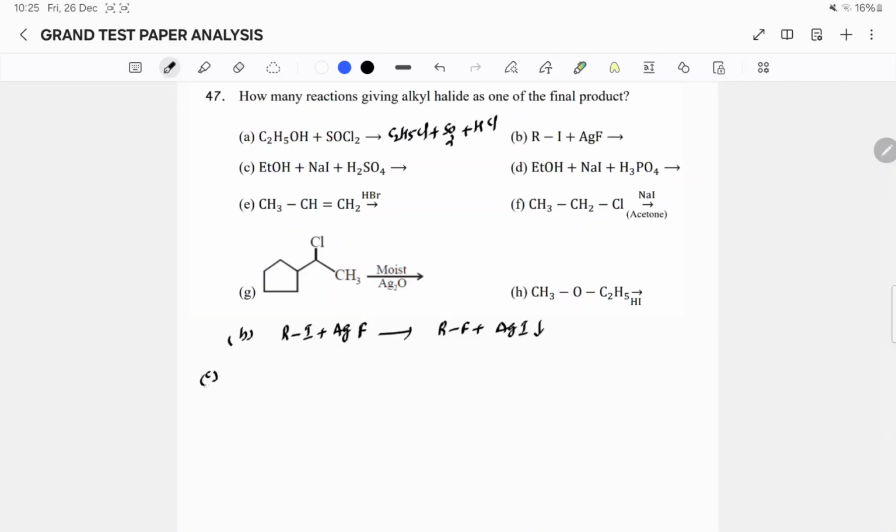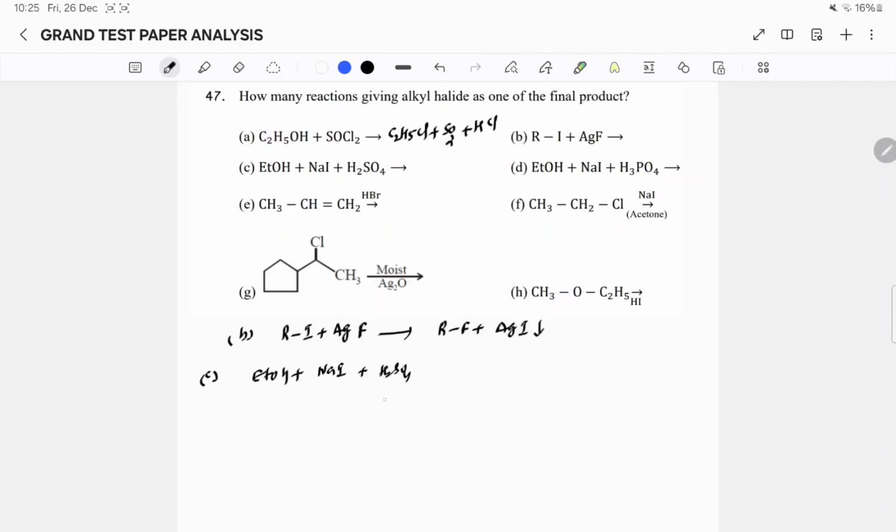Now the third reaction: ethyl alcohol reacts with NaI plus H2SO4. In this reaction, it cannot produce any alkyl iodide, because H2SO4 is a strong oxidizing agent.